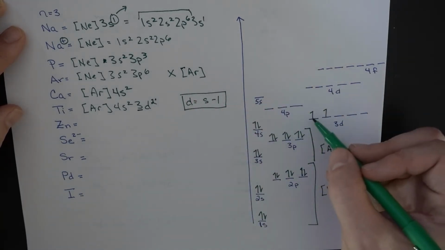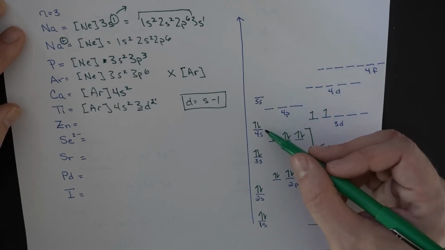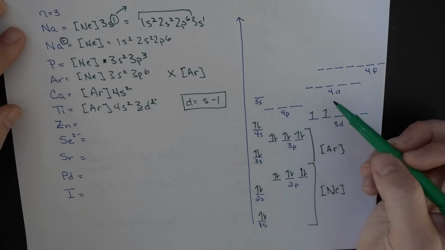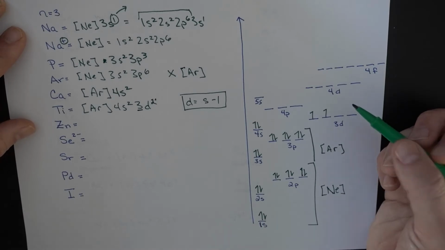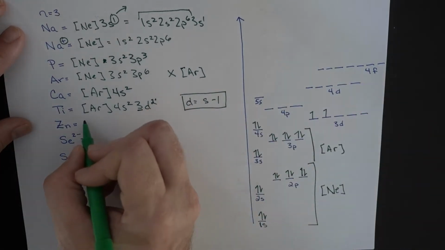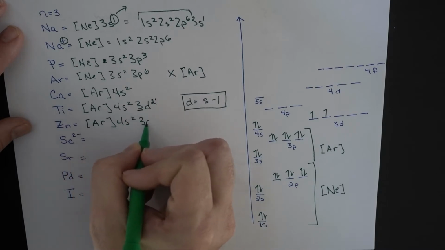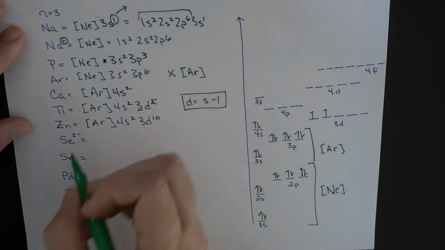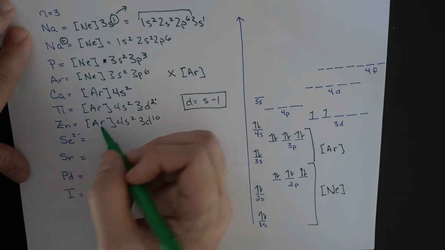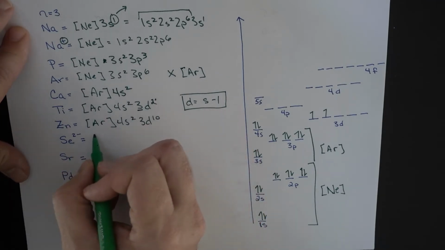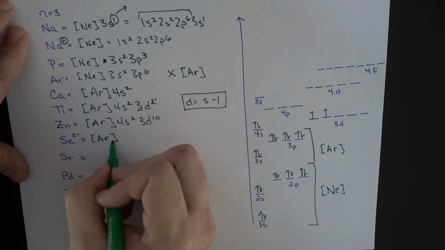There is some overlap between these orbitals and the subshells as they get closer and closer together. Okay? So if I just follow all the way across, argon, 4s2, 3d10 for my favorite element, zinc. Now I want to do selenide instead of selenium.